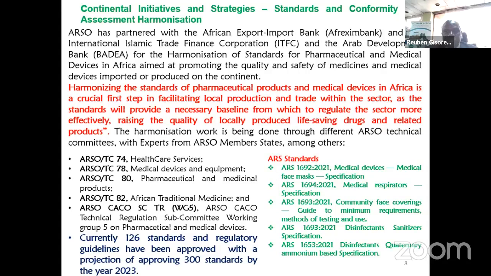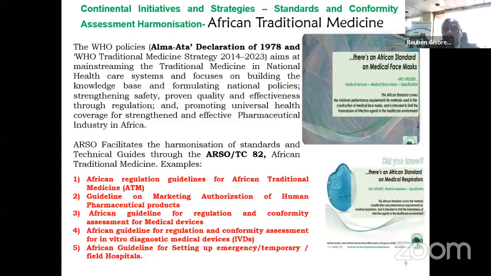So we have quite a number of standards that were produced during that time, but we are also looking at long-term issues. What does the continent require to produce for it to be almost self-sustaining in the pharmaceutical industry, bearing in mind the kind of standards, services, equipment, and professionals that are required in this particular context?